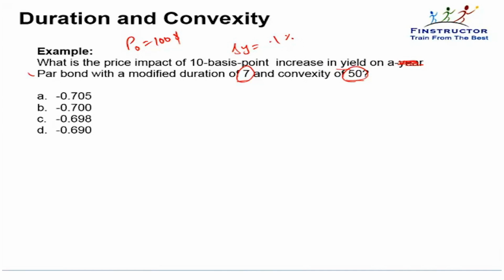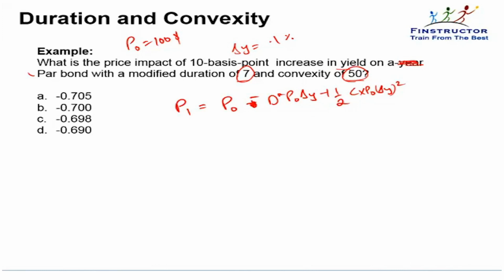So let's do it. The duration plus convexity estimate said that the new price P1 will be equal to P0 plus the duration estimate, that is minus D star into P0 into delta y, plus half into C into P0 into delta y square. So let's carefully and diligently input the values into this calculation.